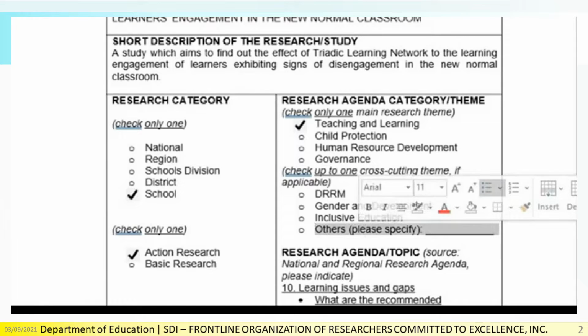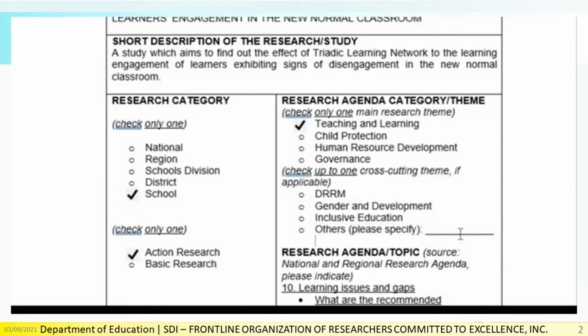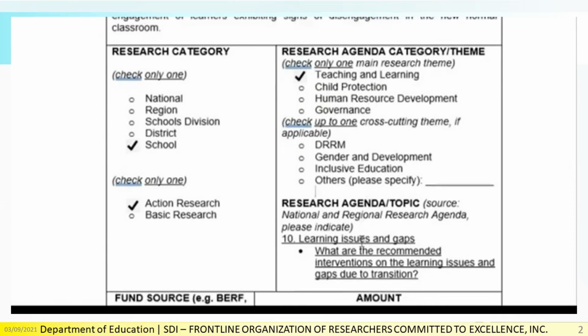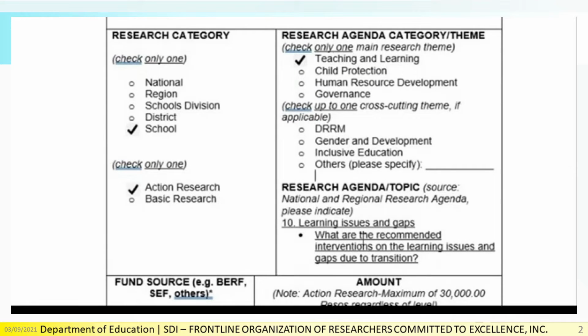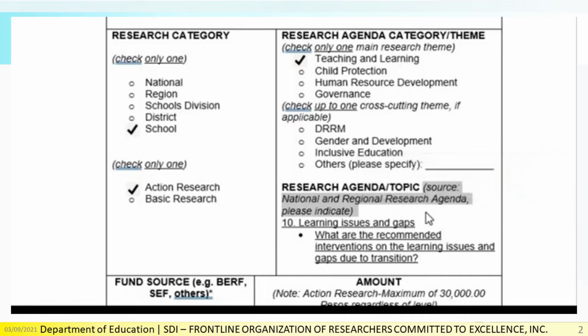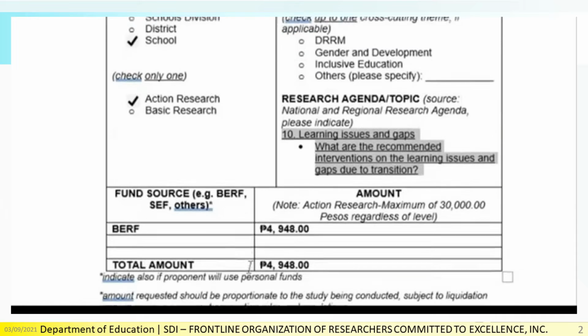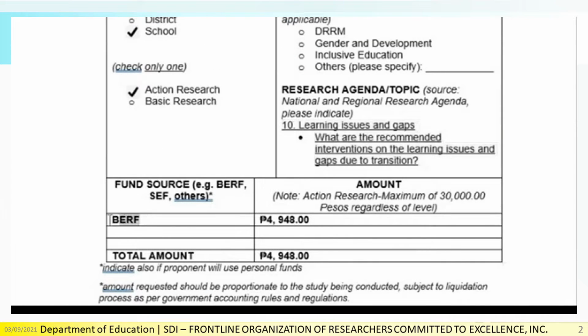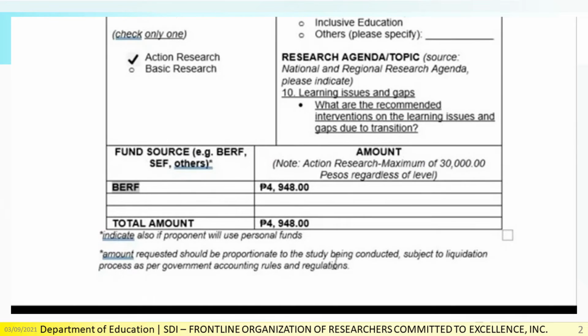So others, please specify. You're going to note also the source of your research agenda, if it is national or regional, as well as the topic. For the fund source, you write BERF because we will be submitting this proposal for BERF funding.